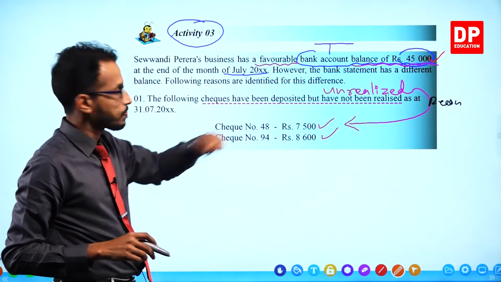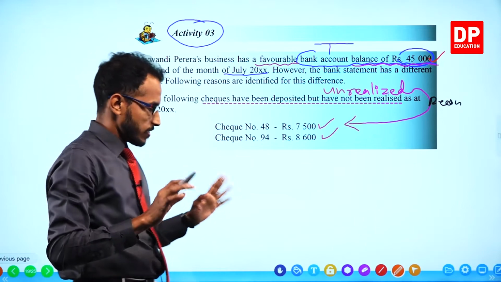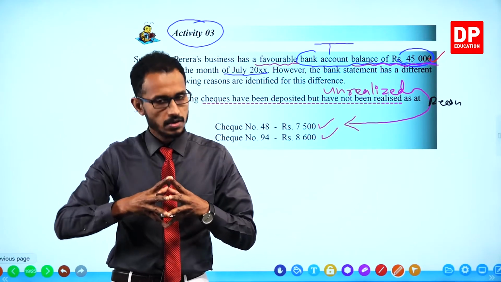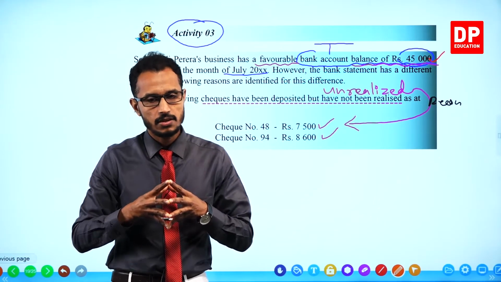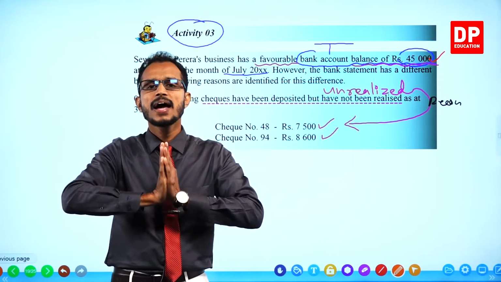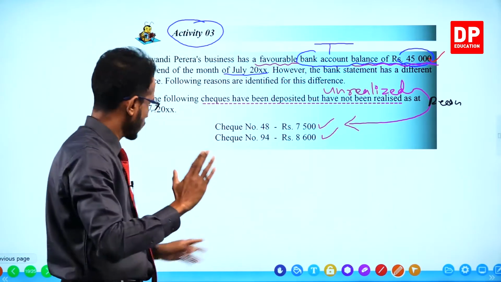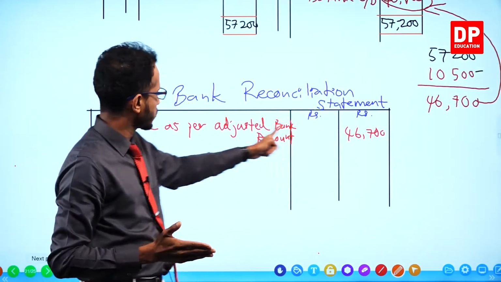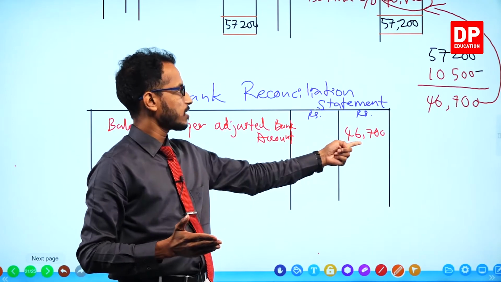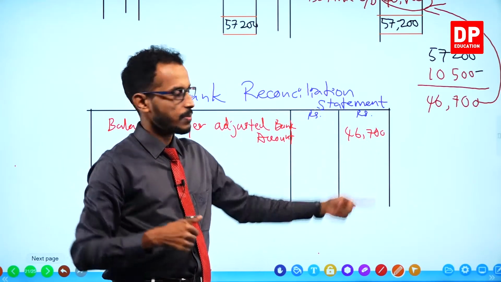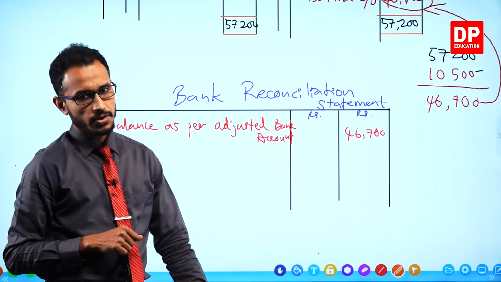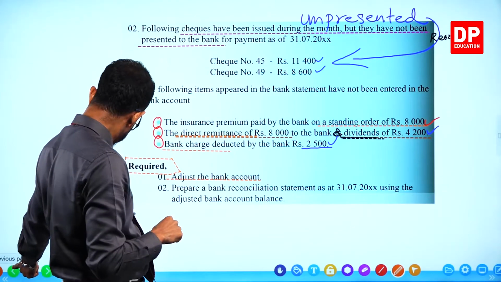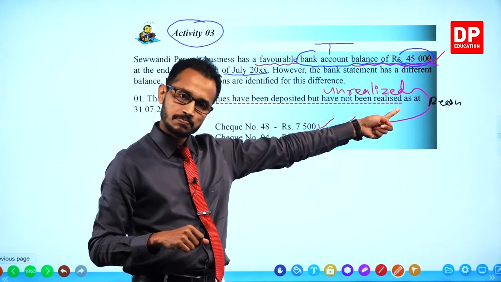Now we are going to take those. Okay, now let's see. Children, we have an adjusted bank balance at hand. It's entered in our reconciliation statement, the adjusted bank account balance, 46,700, and we have two checks which are unrealized.